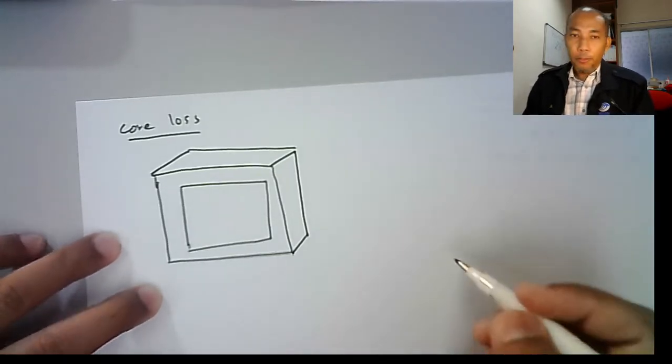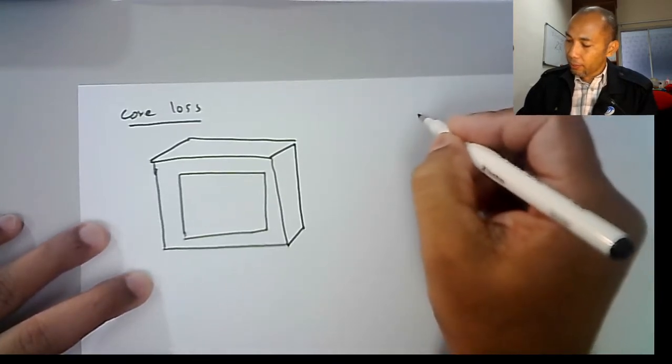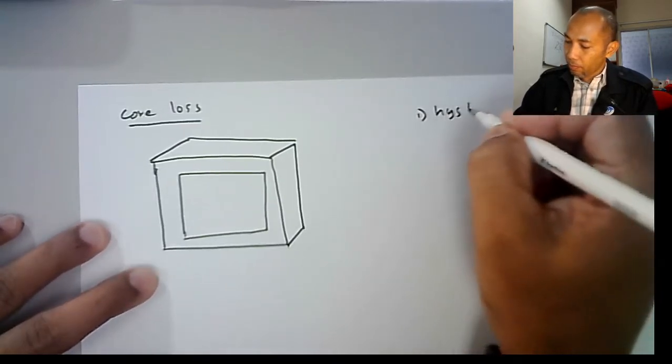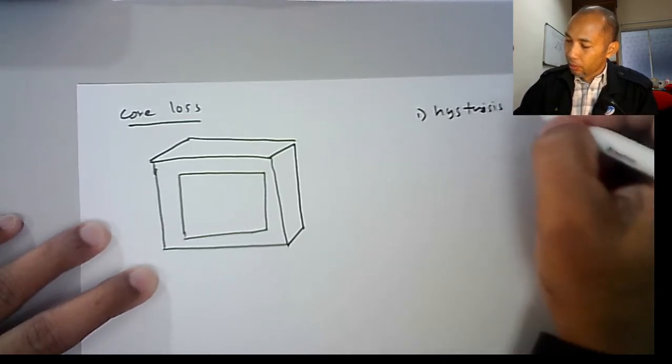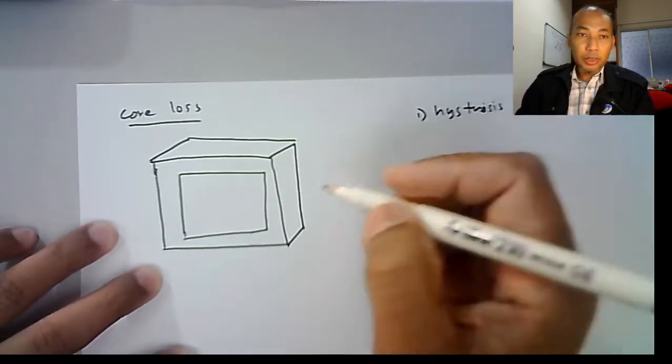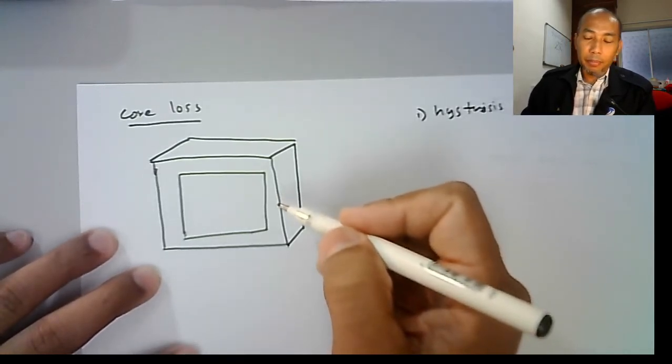There are two types of core losses. First is hysteresis loss. This loss is due to the magnetizing and demagnetizing.